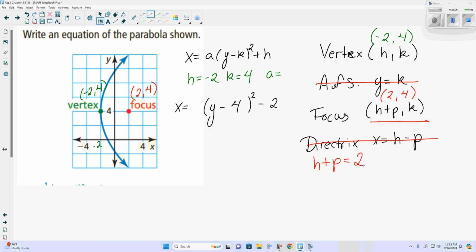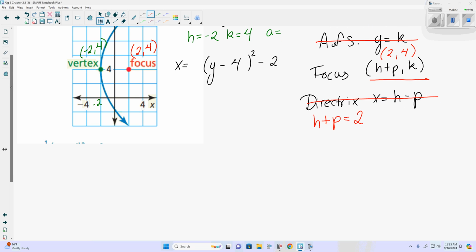When we add our H value and P value together, we get 2. Well, we already know what H is. H is -2. So we're saying -2 plus our P value gives us 2, yes?